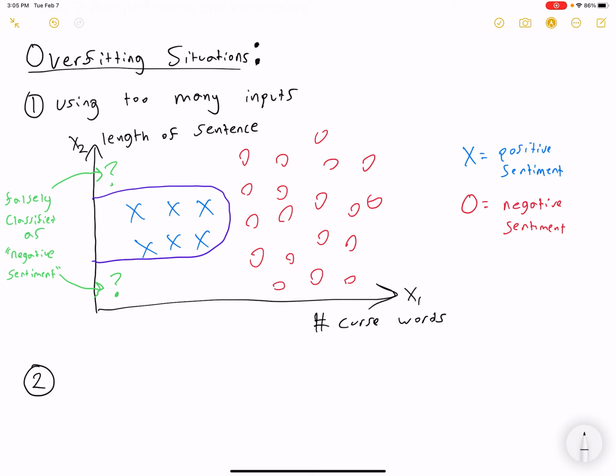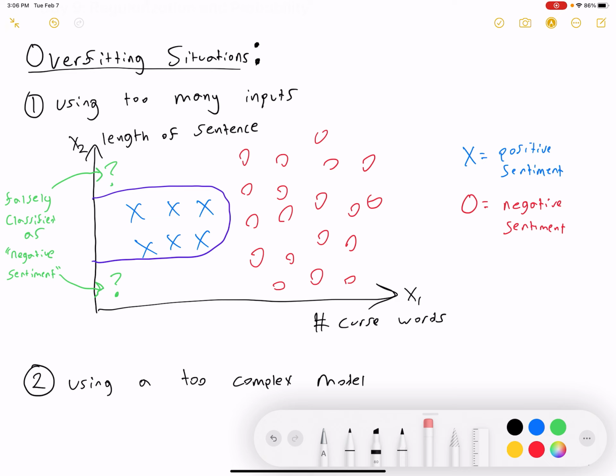So second overfitting situation is using a too complex model. Is that correct grammatically? Too complex of a model. Too complex, right. So much to write.